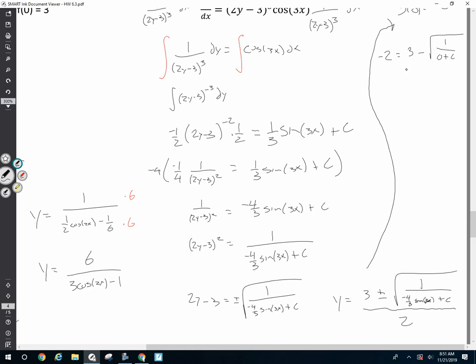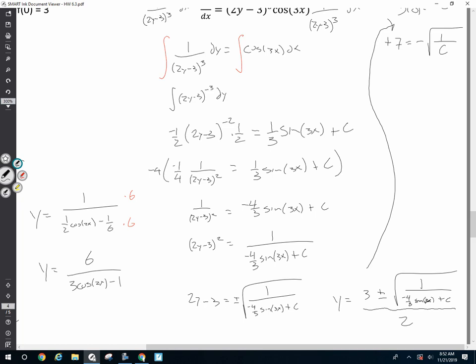Honestly, I might as well have put in the negative 2 for y here and not worried about the solving. So watch. Plug in the negative 2, it's negative 4 minus 3, it's negative 7, equals, must be the negative root of 1 over, plug in 0 to sine, that's 0, c.